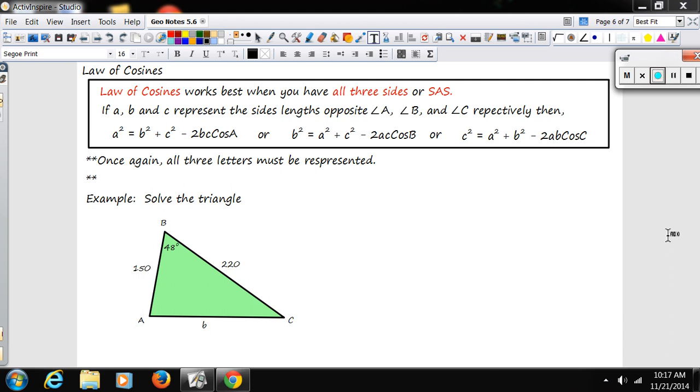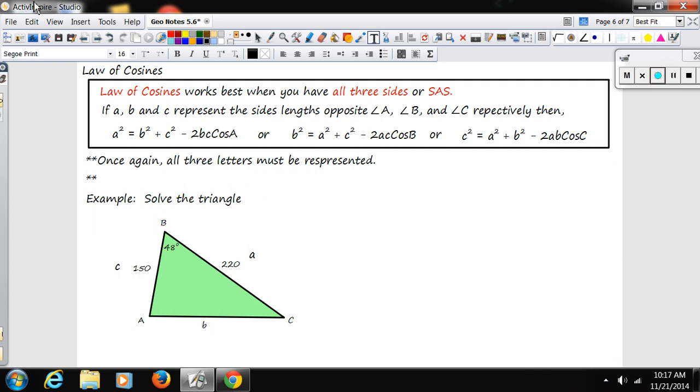Well, in this triangle right here, there is no letter that has both values. This 150 is little c. This 220 is little a, and we have angle B. So we don't have little b, so we can't match that up with angle B. We don't have angle A to match up with little a. We don't have angle C to match up with little c. So you cannot use the law of sines if you don't have two of one letter.